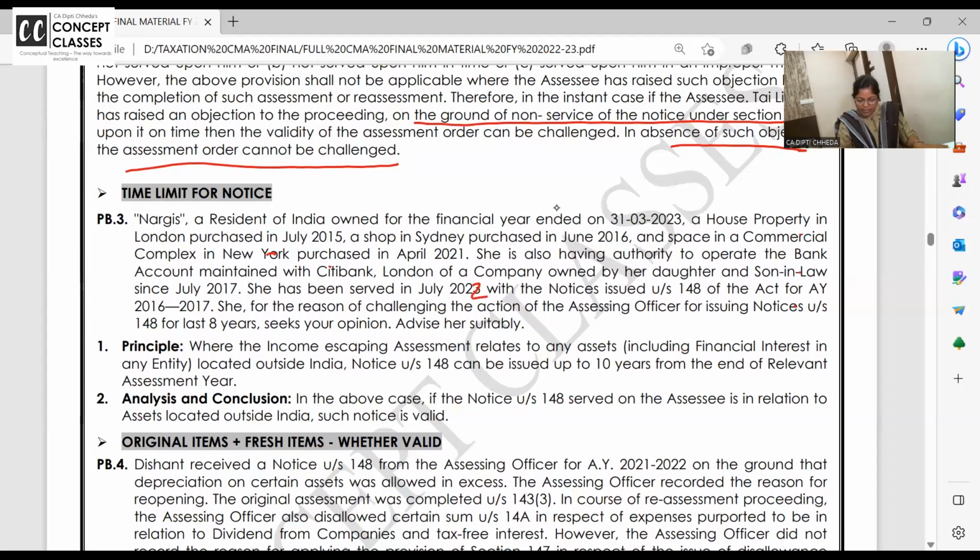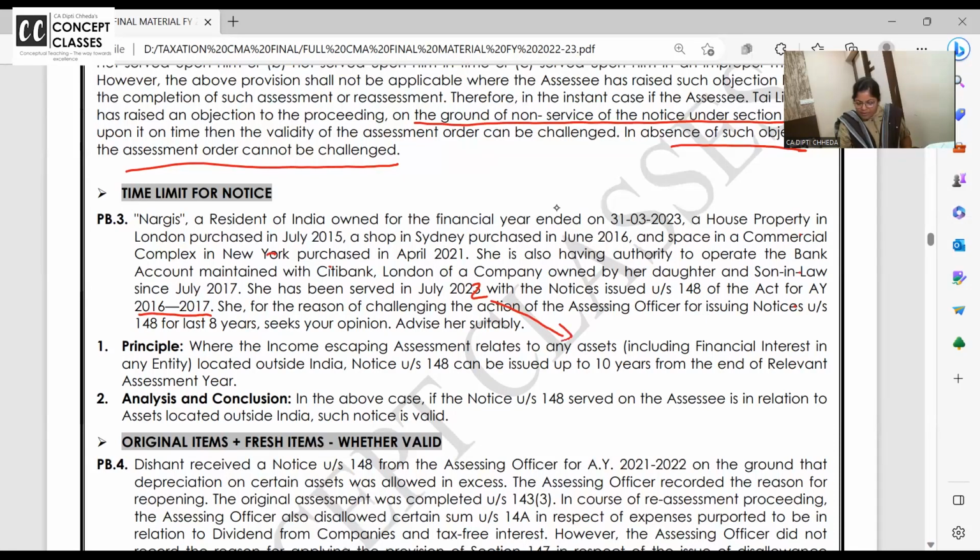July 22, change the date please. Our financial year is 22-23. So July 22, she was served notice. And she has been served notice for a very old assessment year, 16-17.